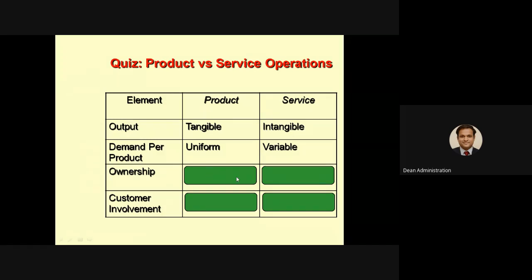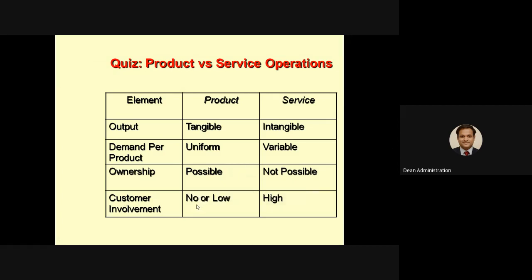Ownership of product and services. The ownership is very much possible in a product. In services, you don't own the service; you rent it, or you use it. You don't have typical ownership of it.